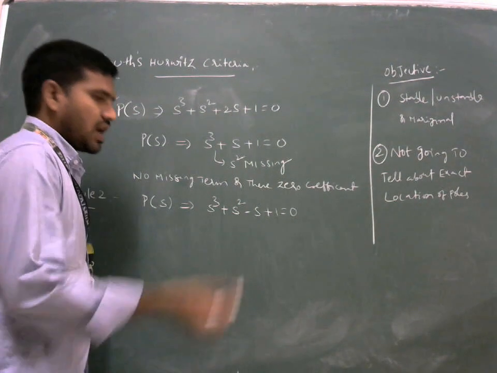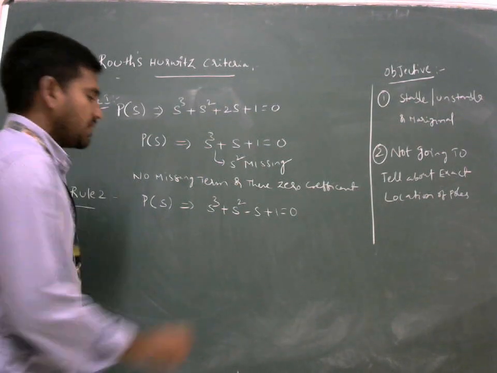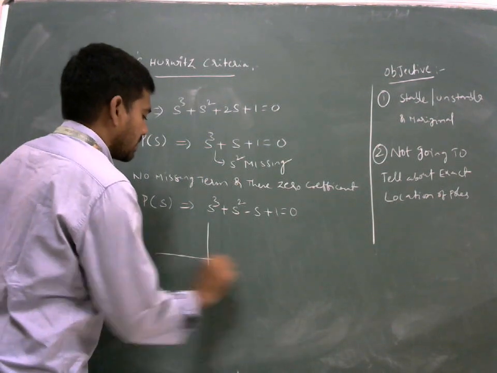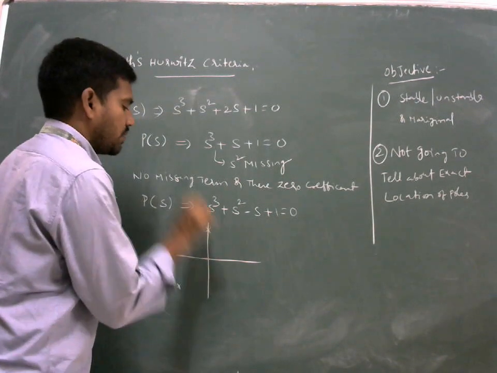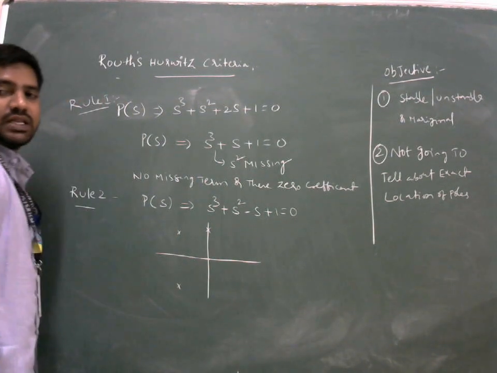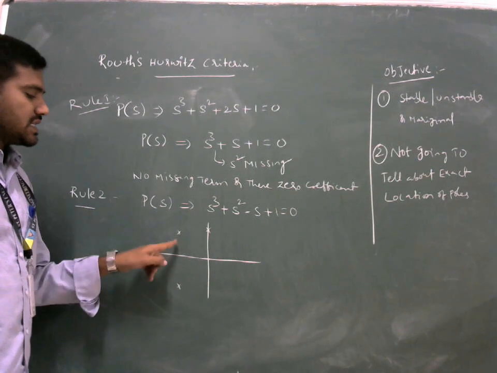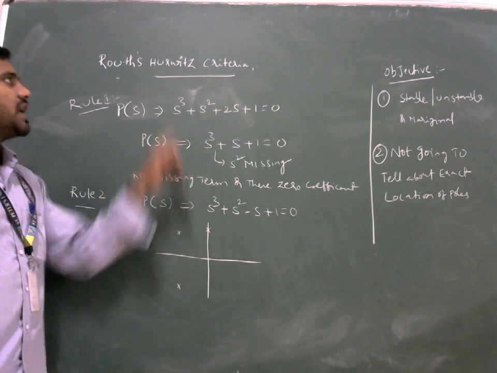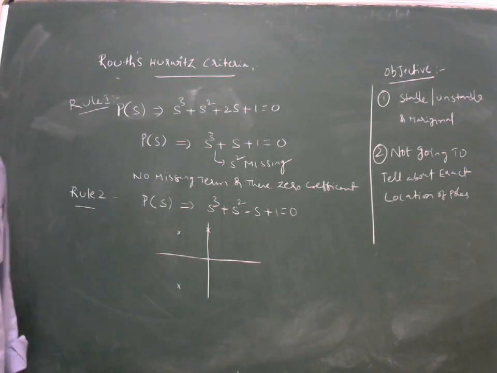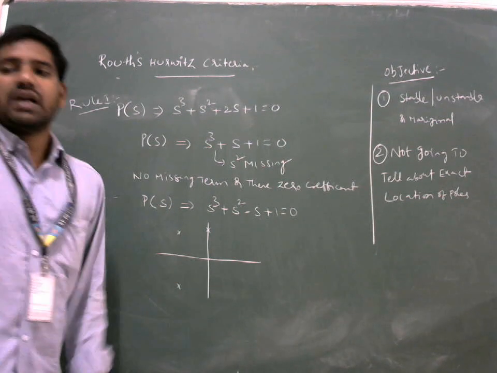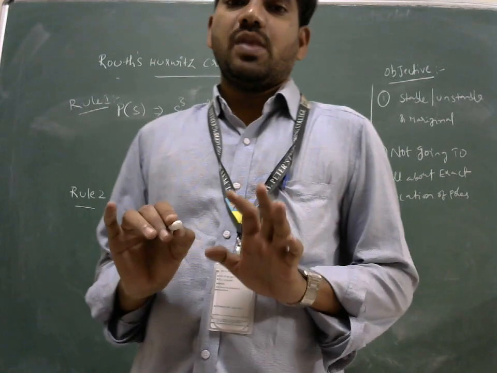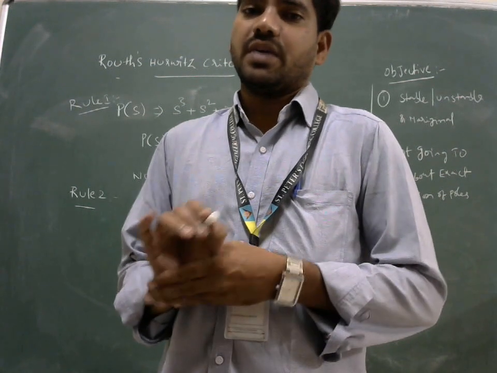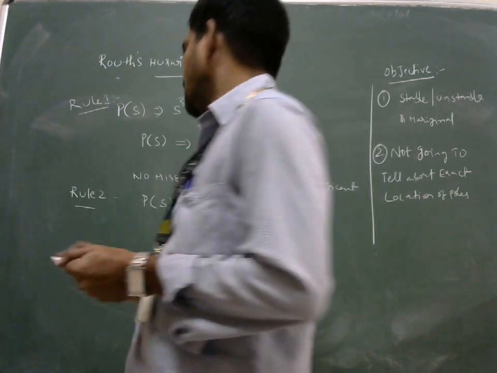In the normal analytical method, we can tell these are the poles, and this is the exact location. But by using the Routh-Hurwitz criteria, we are not going to tell the exact location of the poles, but we can tell whether it is stable, unstable, or marginally stable.